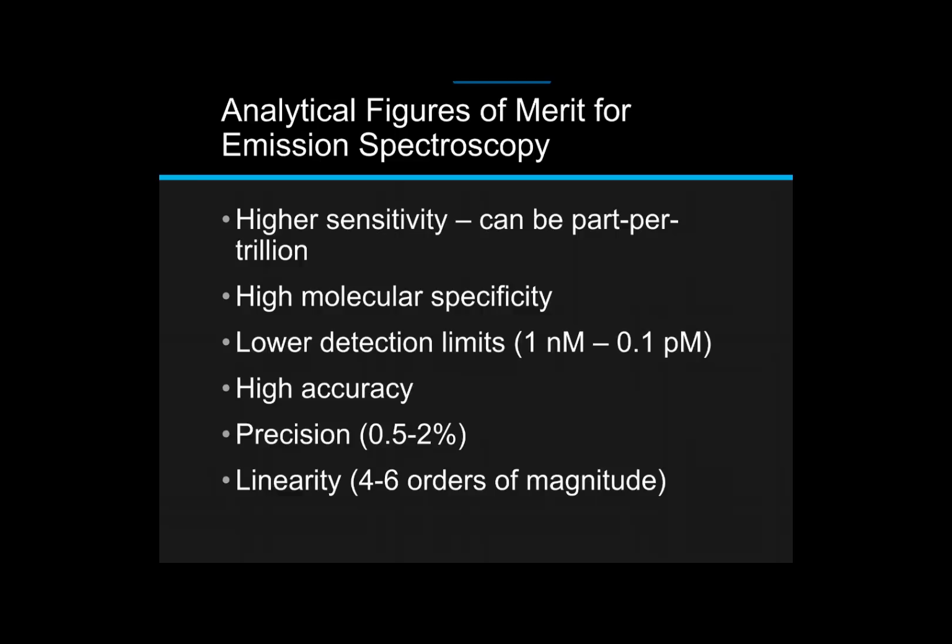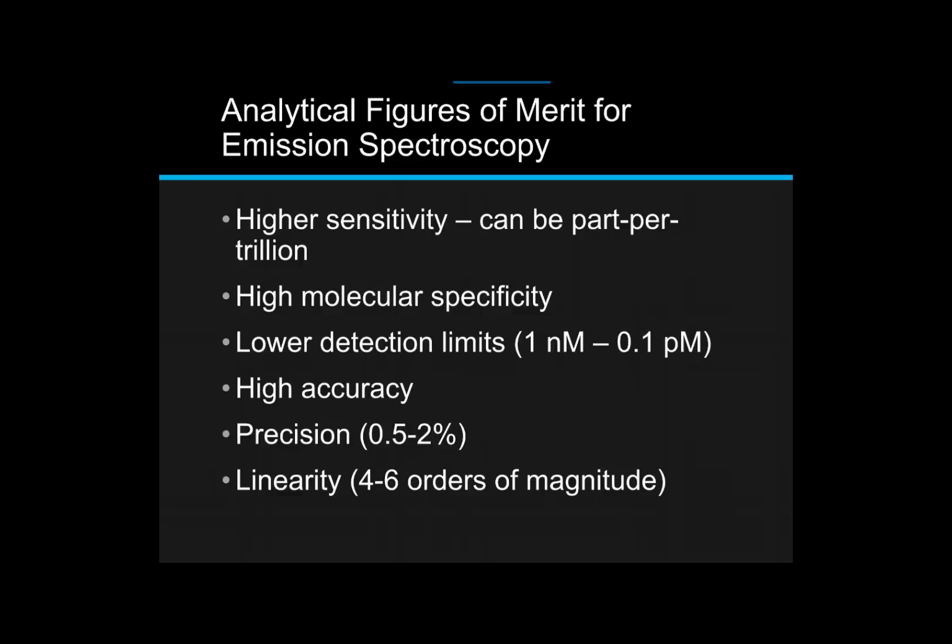And so the molecular specificity of emission spectroscopy can be a very powerful tool in allowing you to discriminate between structurally similar substrates. Another strength is its limit of detection, which is actually much lower than that for UV-vis.